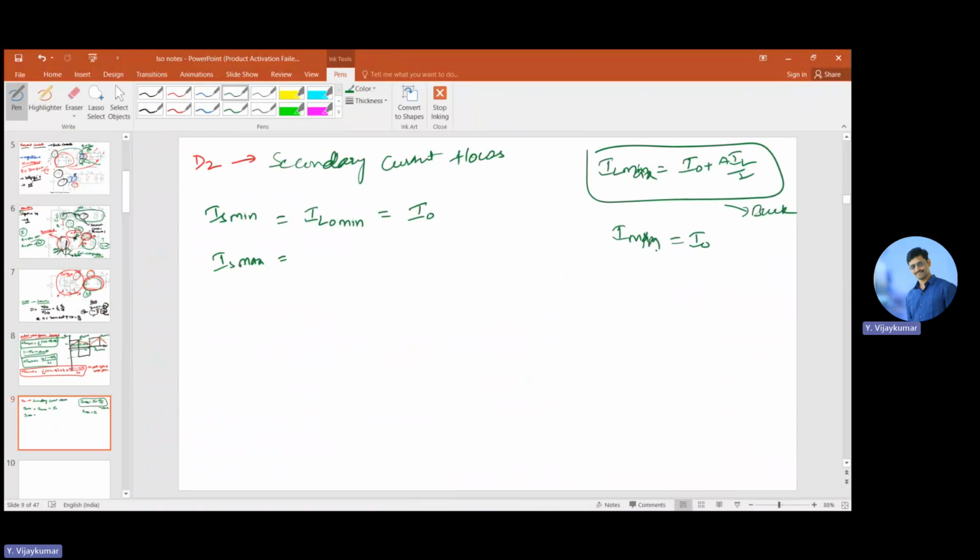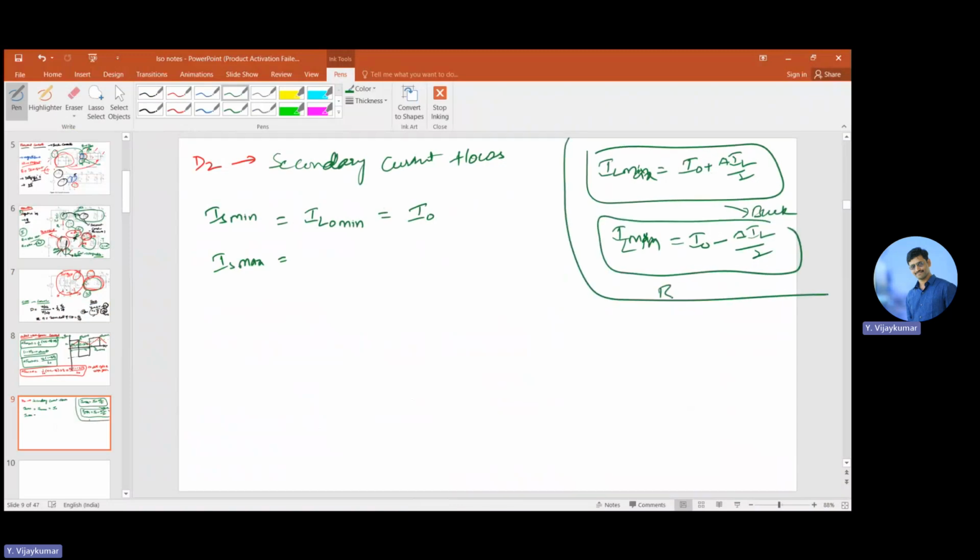If you want to get the IL minimum, it is I naught minus delta IL by 2. These are two formulas for buck converters. Similarly, if I use those formulas here, I naught minus delta IL naught peak to peak divided by 2.